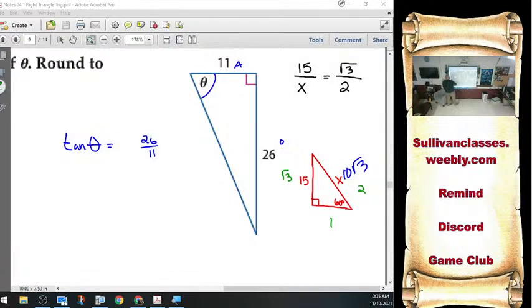In ratios, we Jesus fish. Multiply the two that line up, divide by the one that doesn't. 15 times 2 is 30. 30 divided by square root of 3. Rationalize, times square root of 3 over square root of 3. I get 30 square root of 3 over 3, reduced. Or use those little cheaters that we wrote down yesterday that say to go from here to here, I divide by square root of 3. To go from here to here, I times 2.